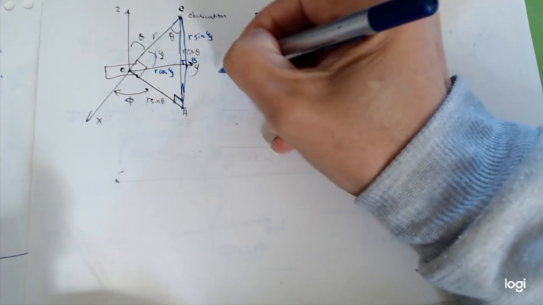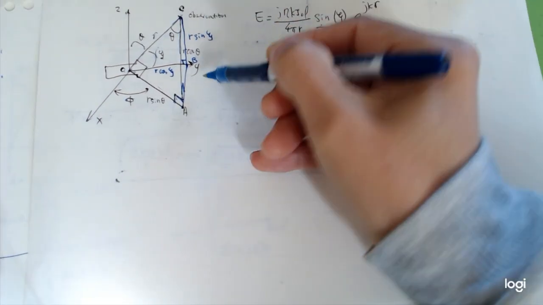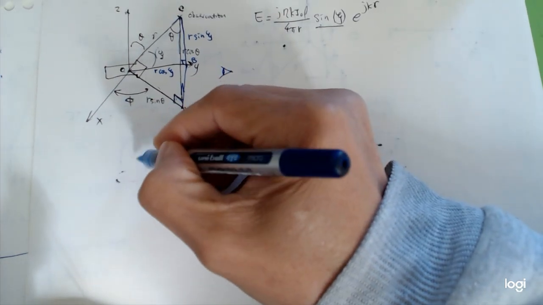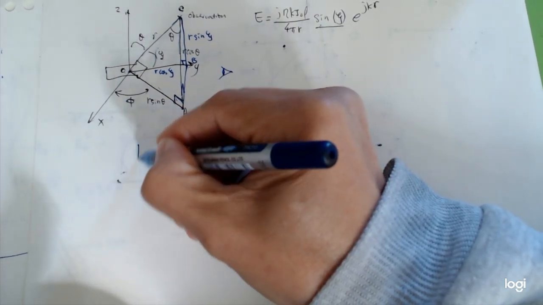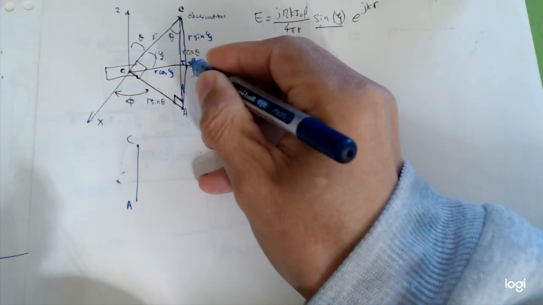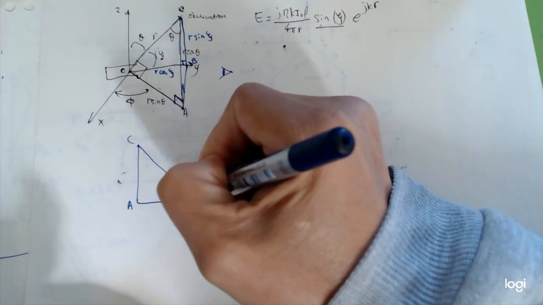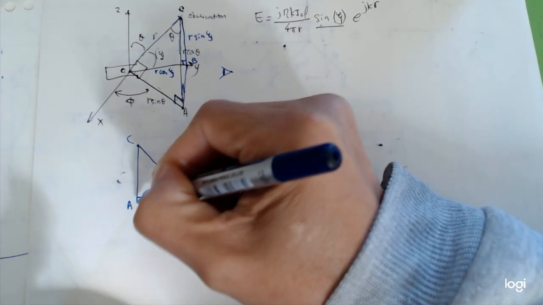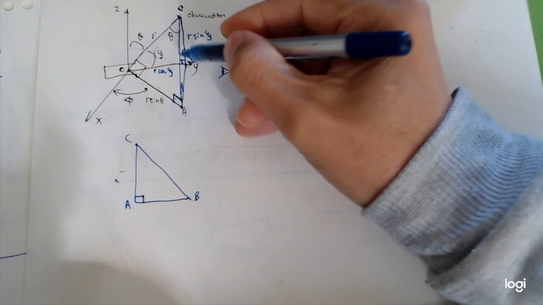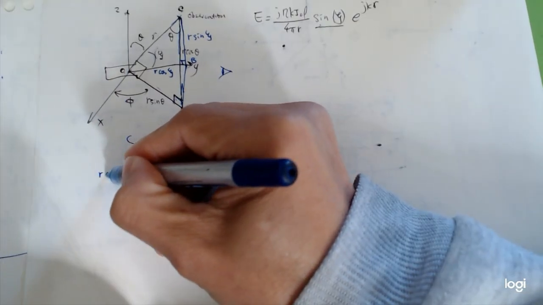If you look carefully from this side, you know that A, C, and B is actually a right angle triangle with the right angle at the corner A. The size here is equivalent to r cosine theta.